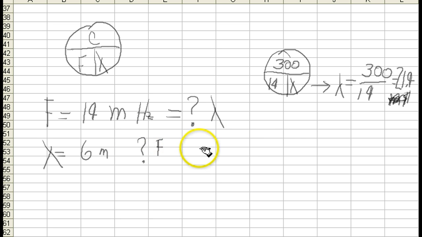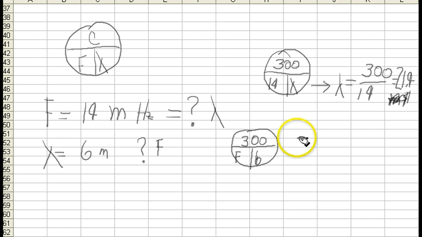First thing you do is come over here and draw this nice magic circle. And you put in what you know. Well, you know the speed of the radio wave is 300. You know the wavelength over here, lambda, which is 6, and the frequency is unknown.